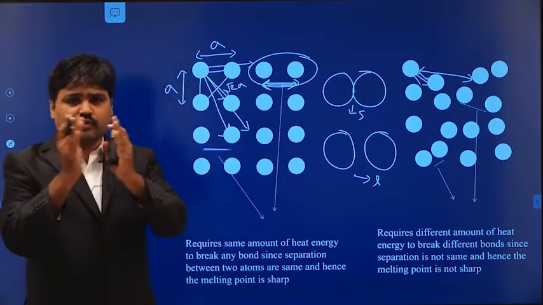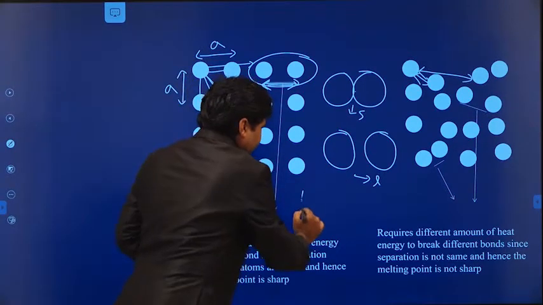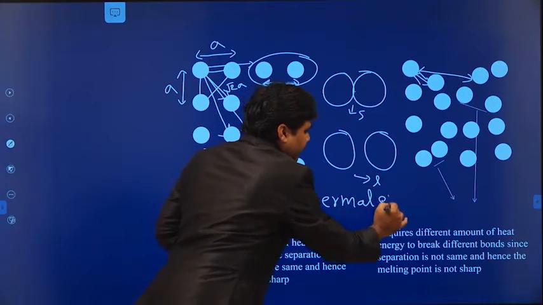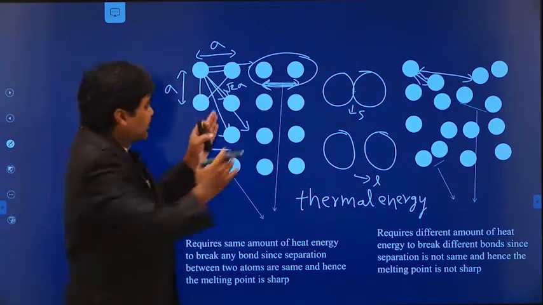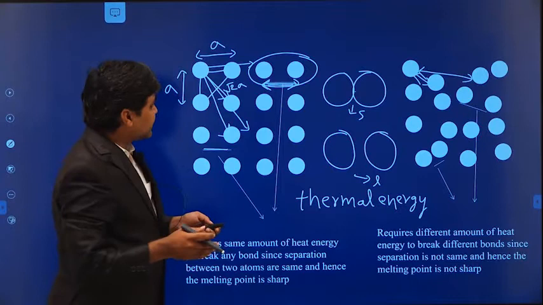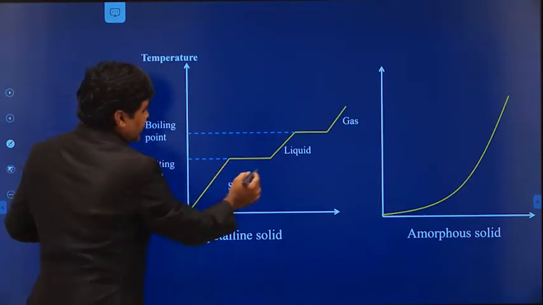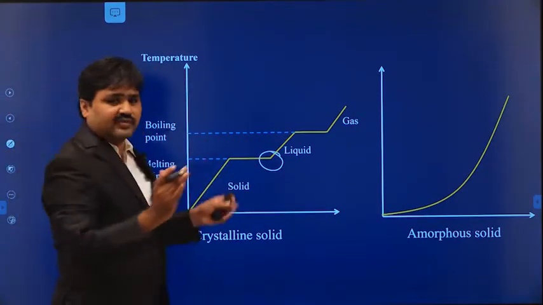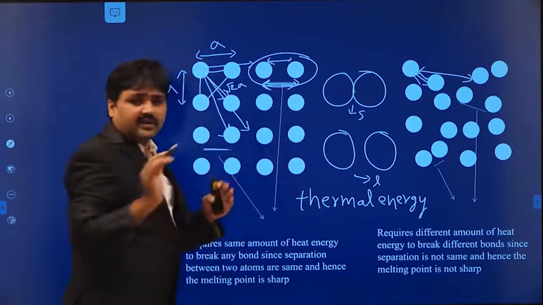That means we need the same temperature. That means the melting point is the same for all the pairs of atoms, so it has a sharp melting point. At a particular temperature, all bonds will be broken because the separation between the atoms is the same for all pairs of atoms.